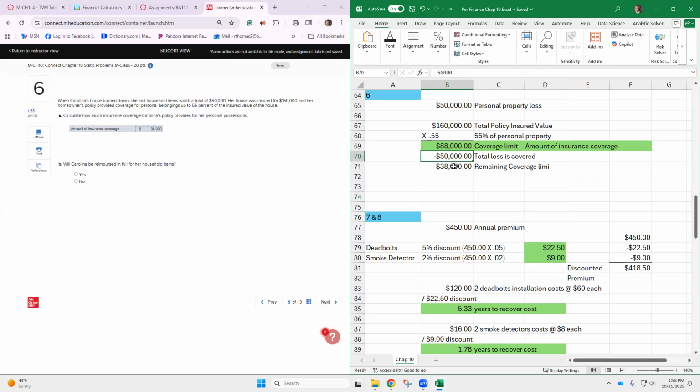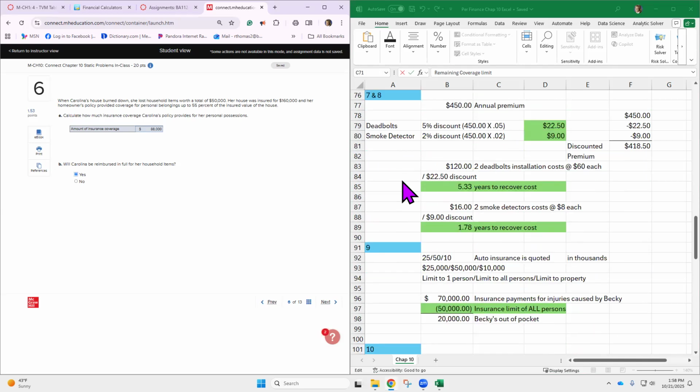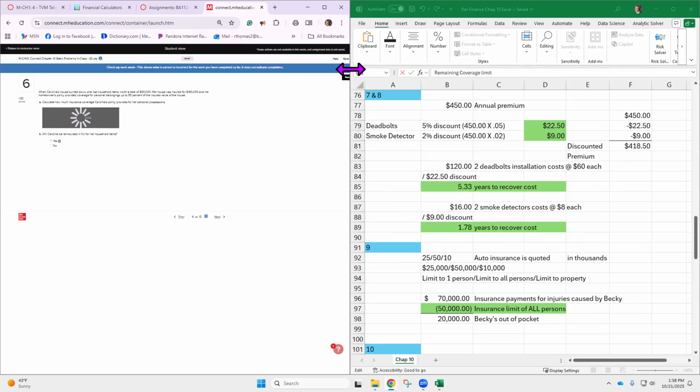So yes, the limit would cover her $50,000 loss. Now, if she had a $100,000 loss, it would cover it up to 88,000, and she would have to come up with the rest. All right. So let's just double check my work here. Make sure I'm right.